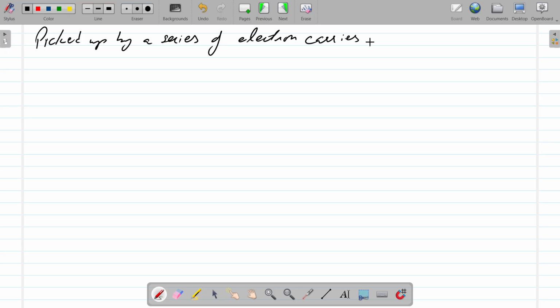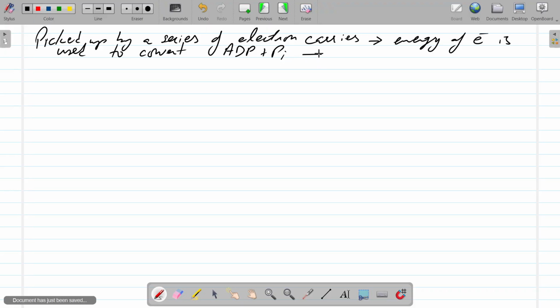And they move along that series, and as a result, the energy that the electrons have, the raised energy, is used to convert ADP and inorganic phosphate to ATP. That's the photophosphorylation. So this is photophosphorylation.